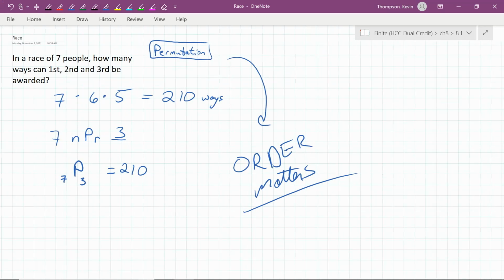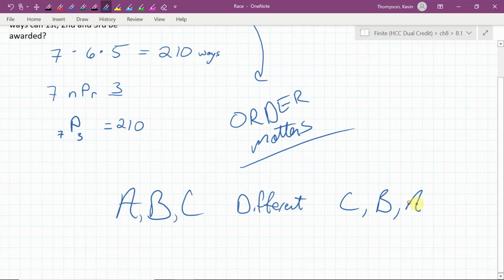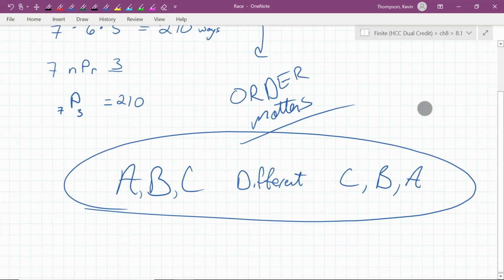The order matters. So what we mean by that is that ABC is different. The event of A, then B, then C is different than the event of C, B, A. So a permutation counts both of these.